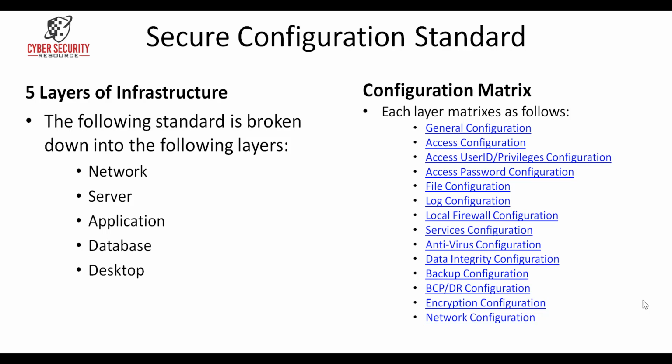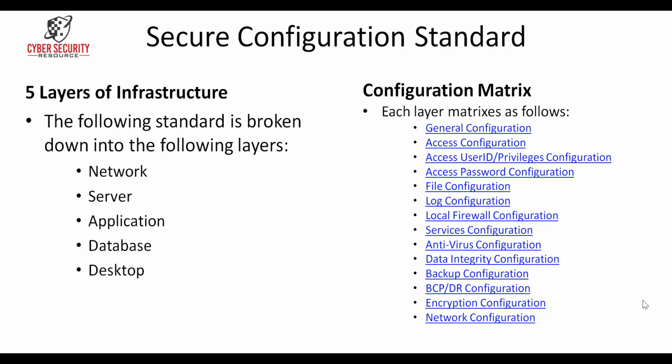So as you kind of go down through there, general configuration components, you'll kind of see as you take a look at that Excel document what that is, and I'll pull it up here in just one second. Access configuration, obviously that's what access controls are there. Access user ID, privileges configuration, how are users privileged.